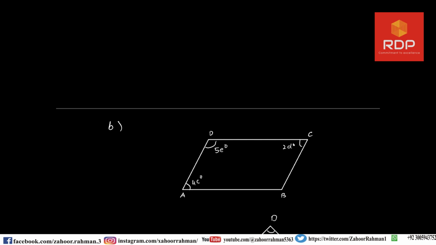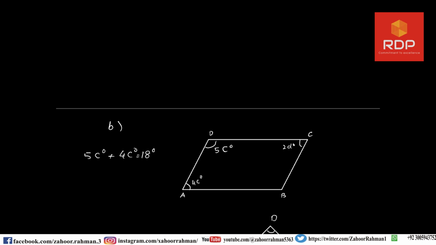Now first we are going to find the value of C. Now this is not E degree, it is given as C degree, 5C degree. Now can I write this as 5C degree plus 4C degree, and that is equal to 180 degree?